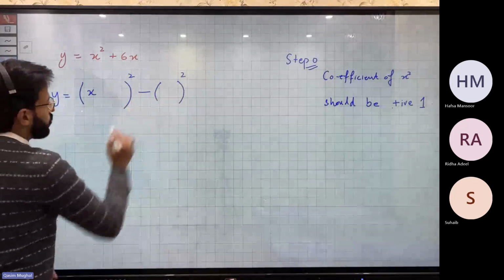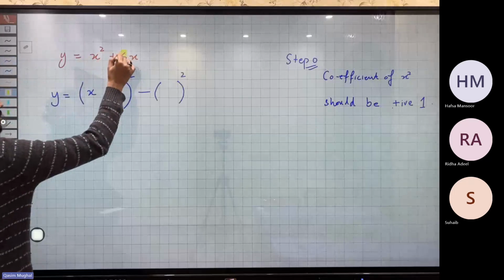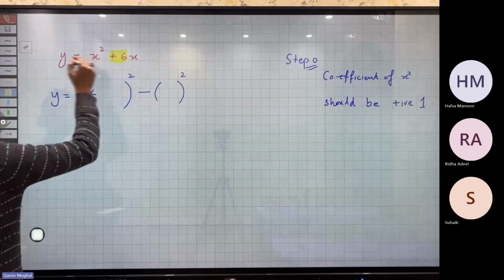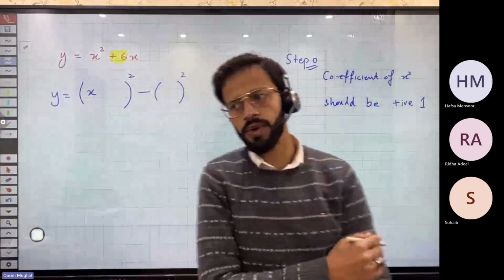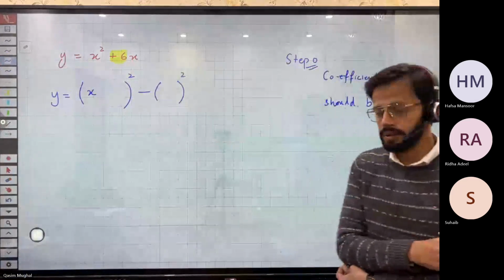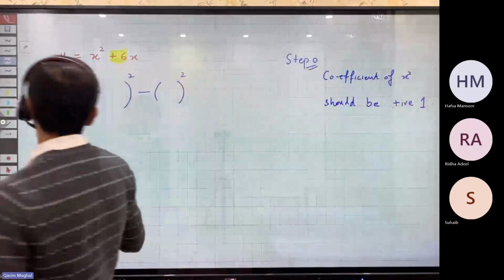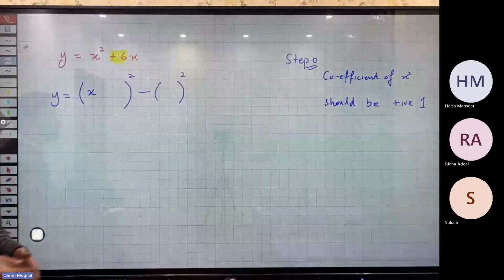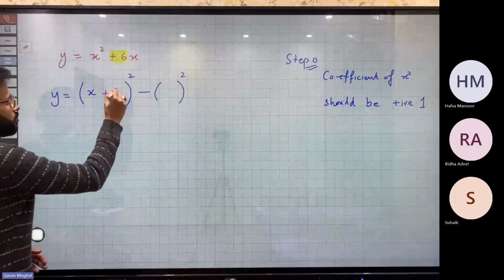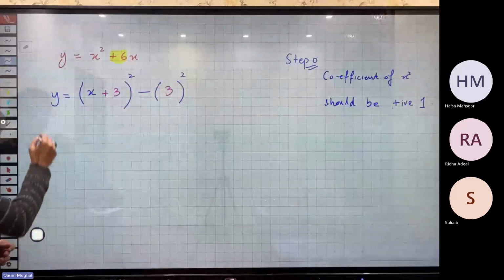Now, what do we need to put over here in the blank spaces? The coefficient of x with the sign, the half of it. What is the coefficient of x in our equation? With the sign, positive 6. Half of plus 6 will be positive 3. Positive 3 goes here, positive 3 goes here.